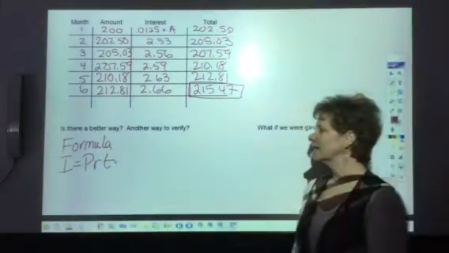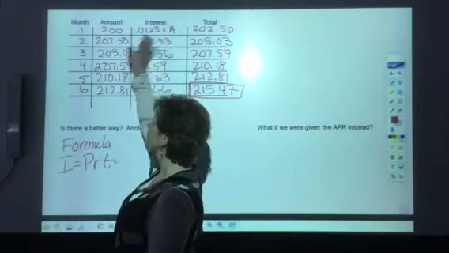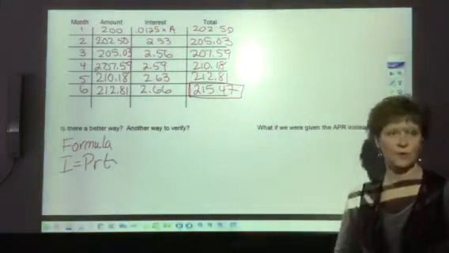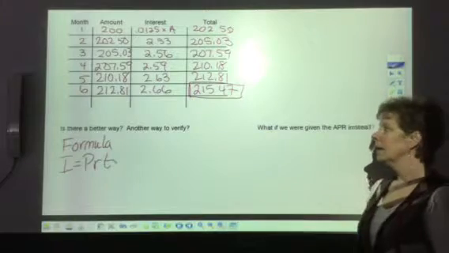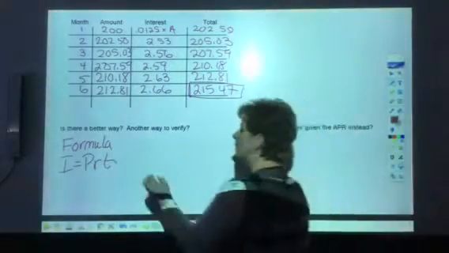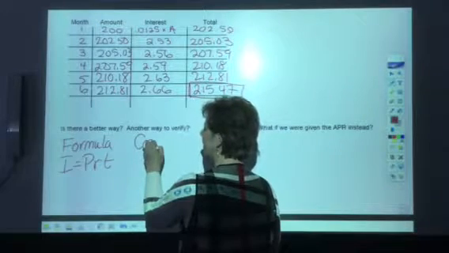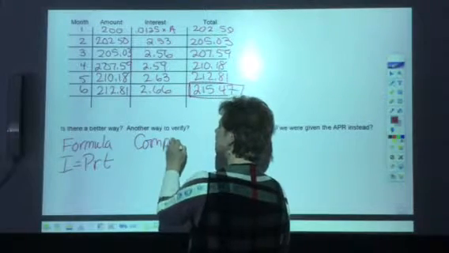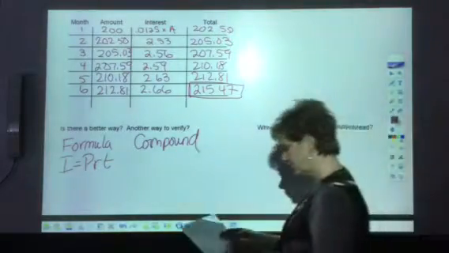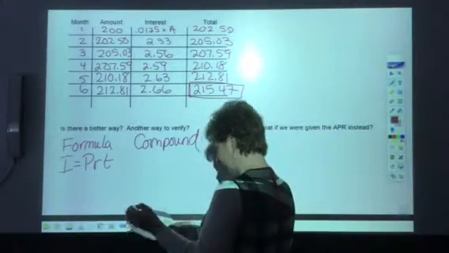Hopefully they will have realized that this is exactly what we've done up here to calculate the simple interest for each month. Other formulas, a lot of times they'll come up with compound interest. So we dig out that formula.